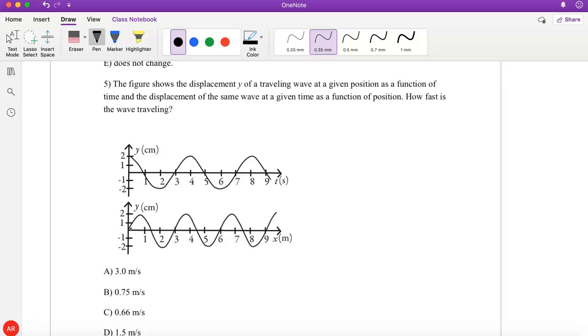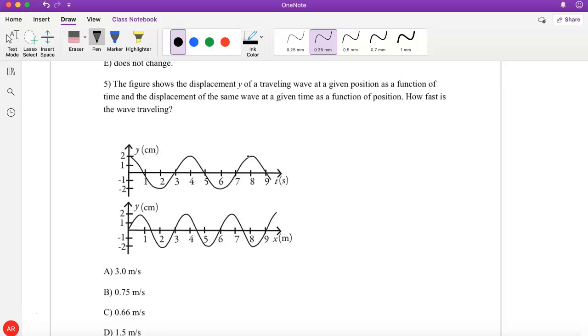So this is a snapshot, fixed time as a function of position. This is a history graph, fixed position as a function of time. And we want to figure out how fast the wave is traveling, the speed of the propagation.